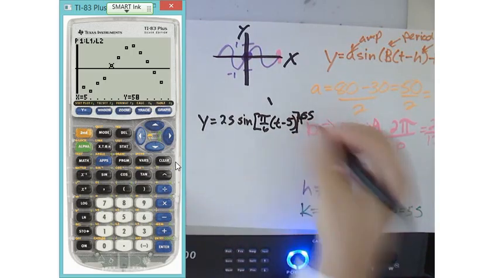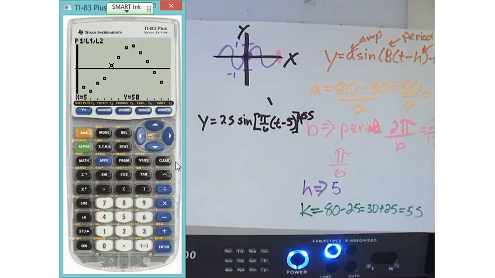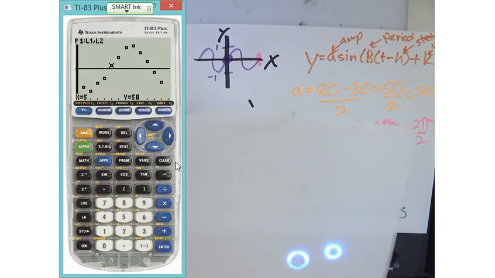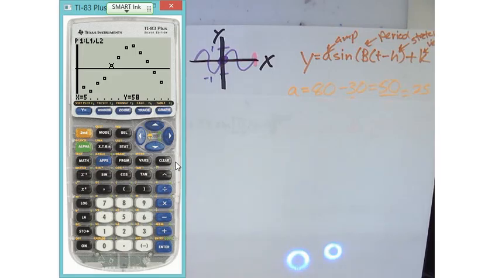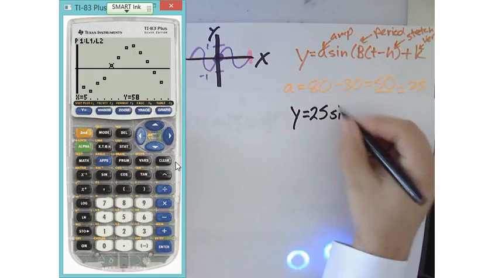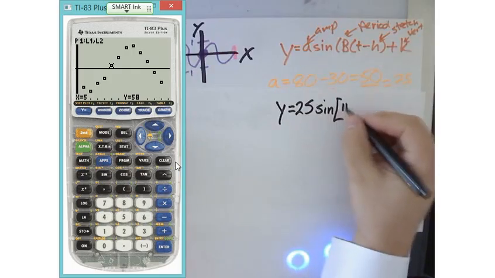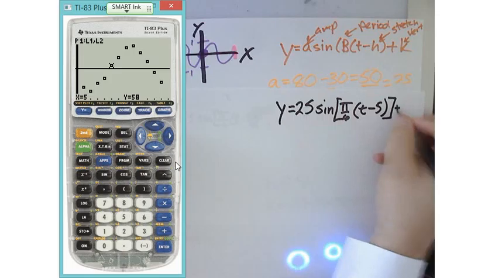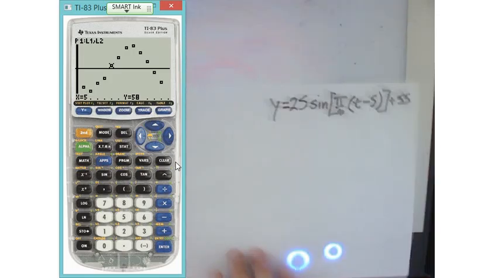It's not a parametric function, so you could label it as x if you want to. Let me rewrite that. It should be y is equal to 25 sine of pi over 6, and this could be t or x or any variable, minus 5, plus 55. Okay, that's what we should have.